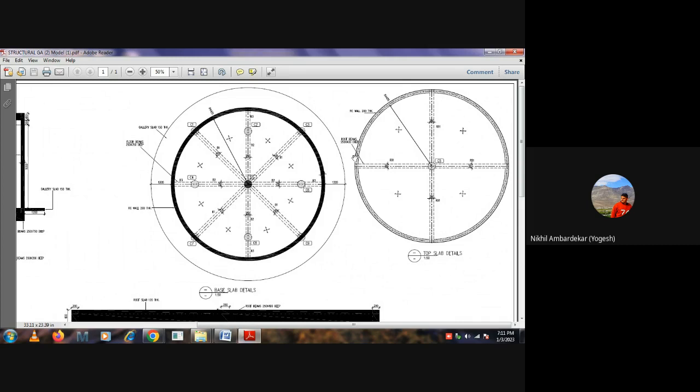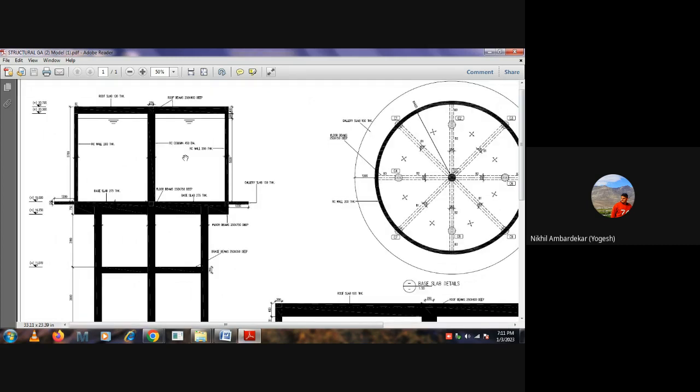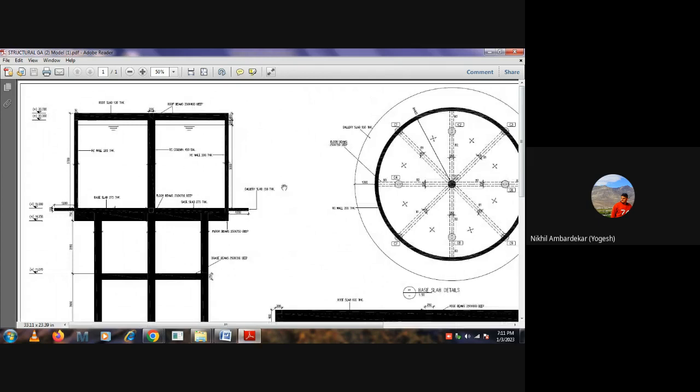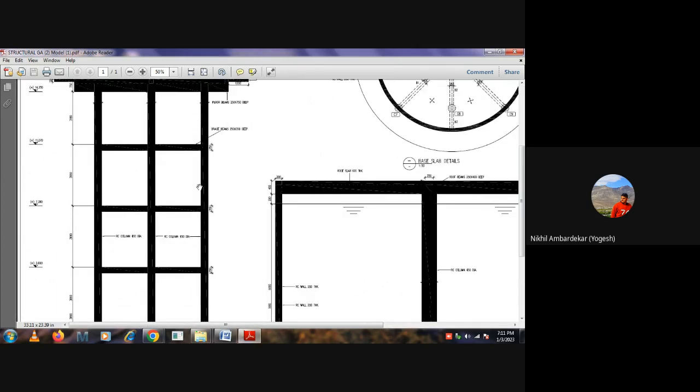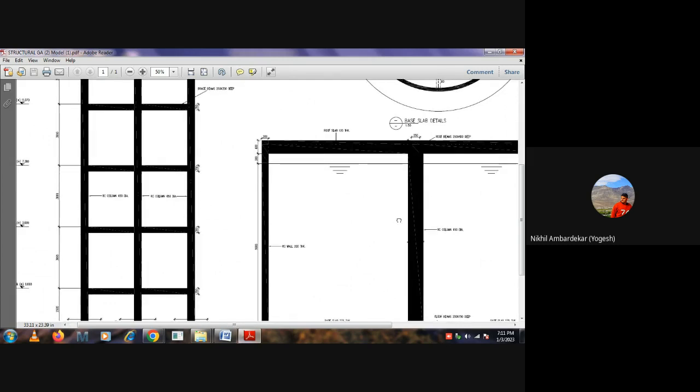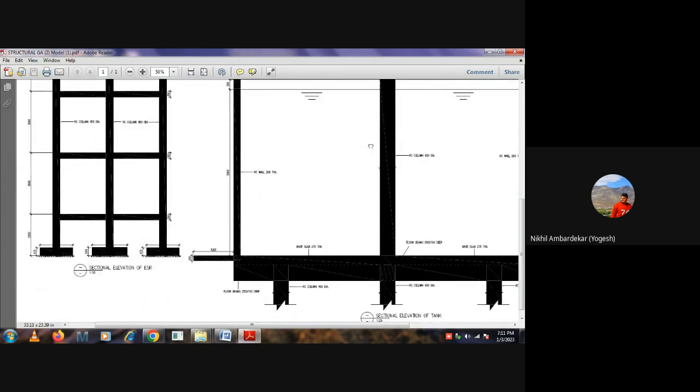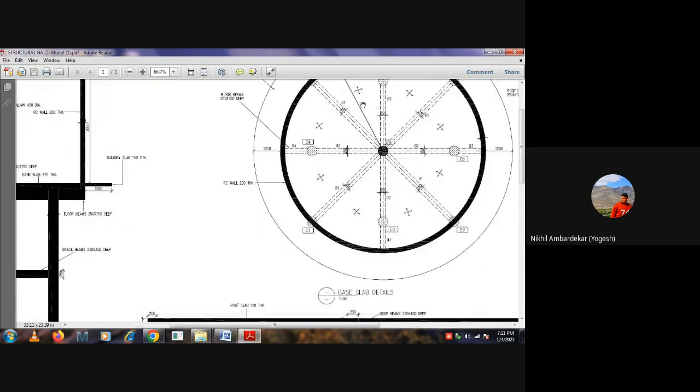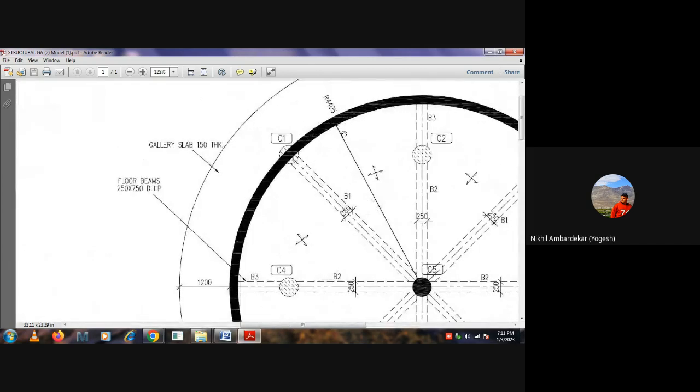Correct? Because the span is also quite big. What is the diameter of the tank? Where is the diameter? The internal radius of the tank is 4.4, which means the internal diameter is 8810.